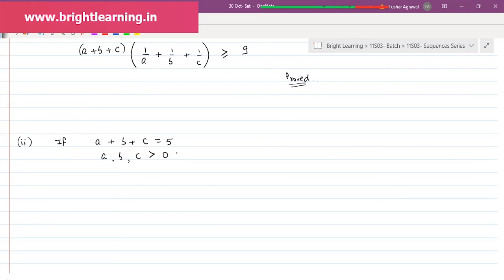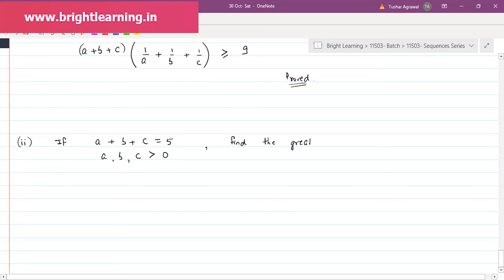That is not possible. All three of them should be positive. So if all three are positive and their addition equal to 5 is a constant, the question is: find the greatest value of A cube, B square, C to the power 4.